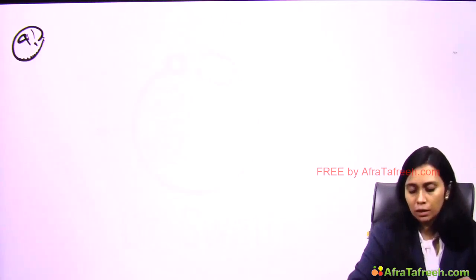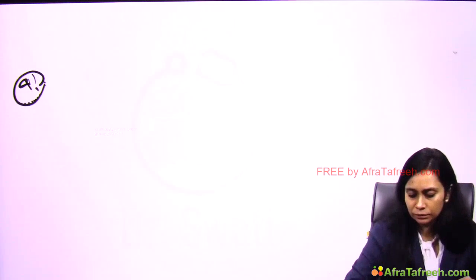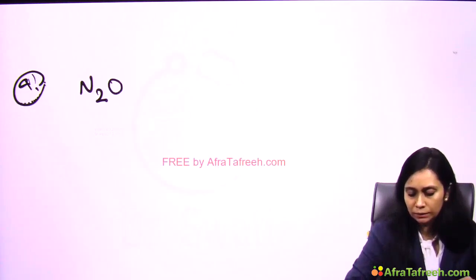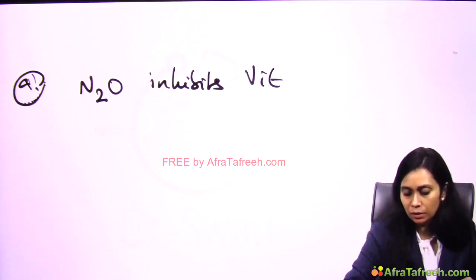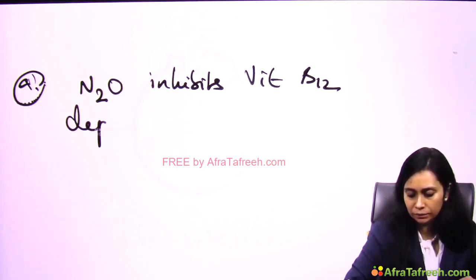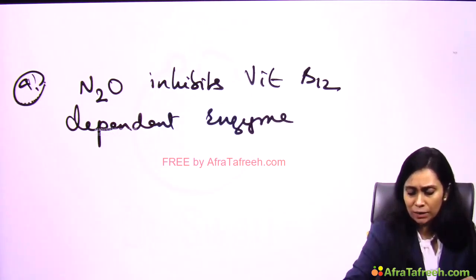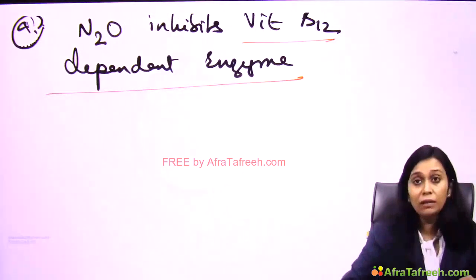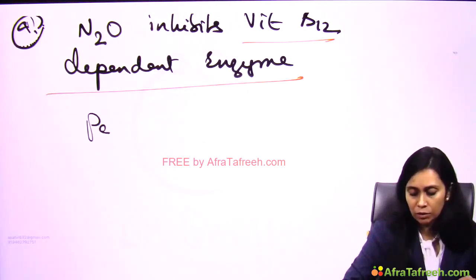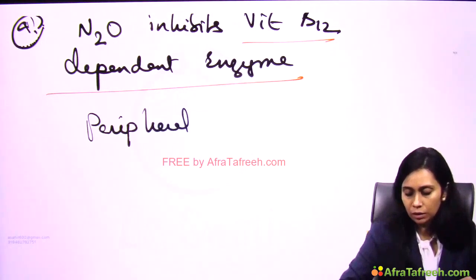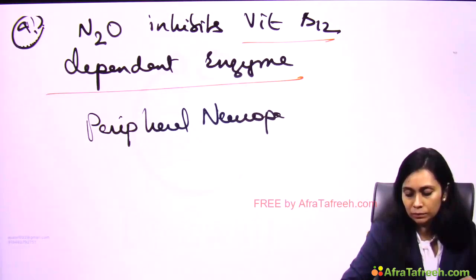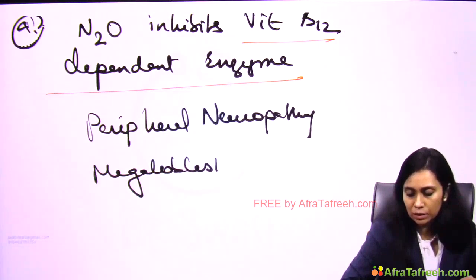9th point, nitrous oxide inhibits vitamin B12 dependent enzyme. So what will happen if vitamin B12 dependent enzyme is inhibited? Well, peripheral neuropathy and megaloblastic anemia.